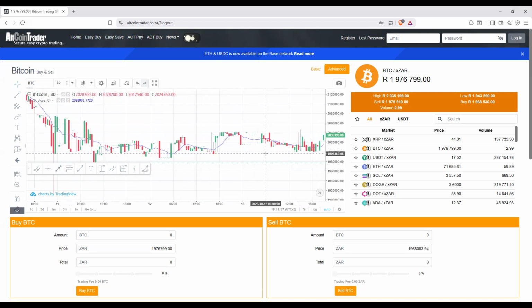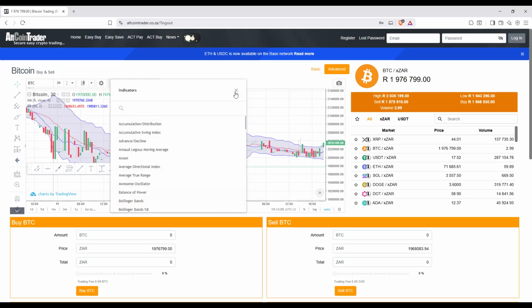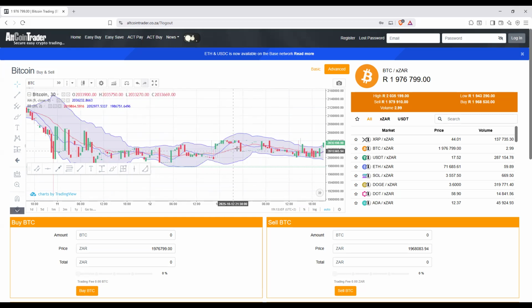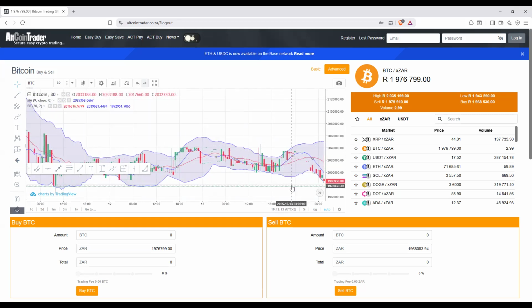Now, this tool we can use together with our Bollinger Bands, because the Bollinger Bands also use a moving average line. You can see there's the moving average line. That's the center of where the price should be. The Bollinger Bands have a red moving average line, and it has a different calculation.